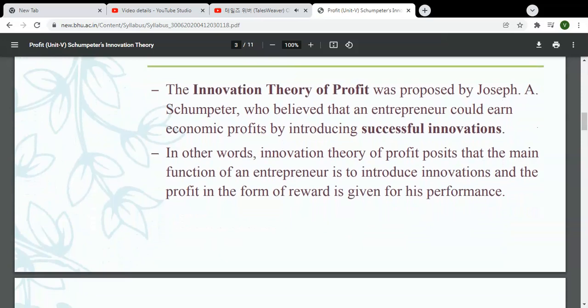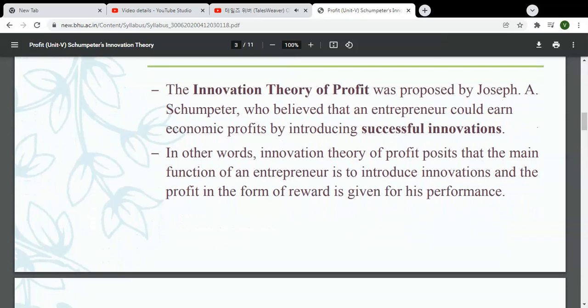The innovation theory of profit was proposed by Schumpeter, who said that an entrepreneur could earn profits by making innovations. So if you are an entrepreneur and you decide to make something new, which is called an innovation, then you are going to earn a profit.